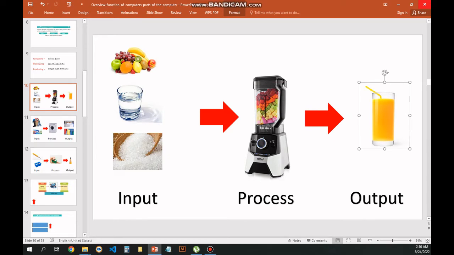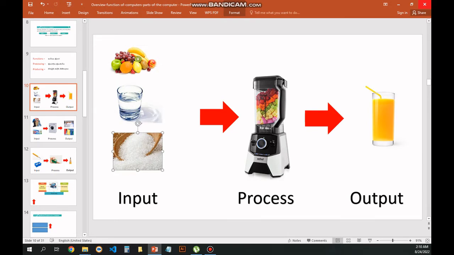So we need to enter these fruits and the water and the sugar into a blender, right? After that we can mix it with the help of the blender. So these things are going to be the inputs for the fruit juice.